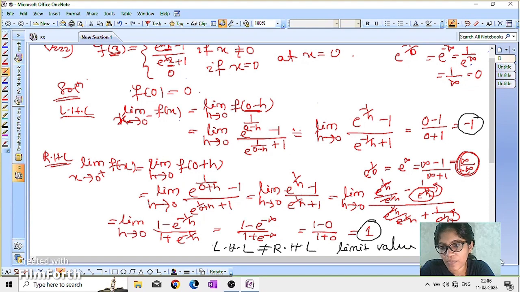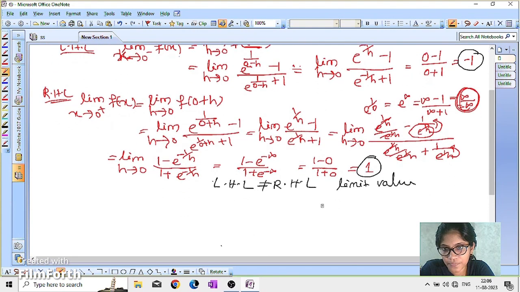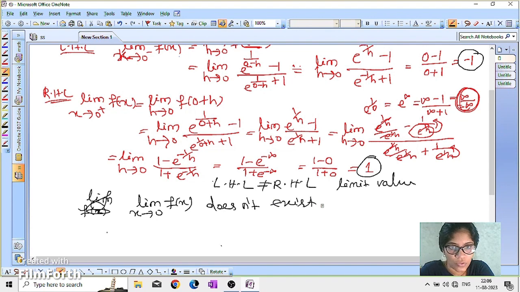The limit of f of x as x tends to 0 does not exist. So, the function is discontinuous.